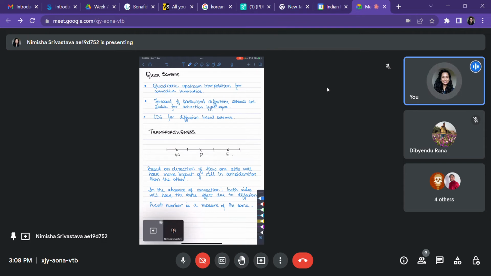This ink example is something that I typically take for those who are joining for the first time. We consider a trough, a basin in which there is some water, and if you put some ink in it, the ink will have a tendency to diffuse over the entire basin.